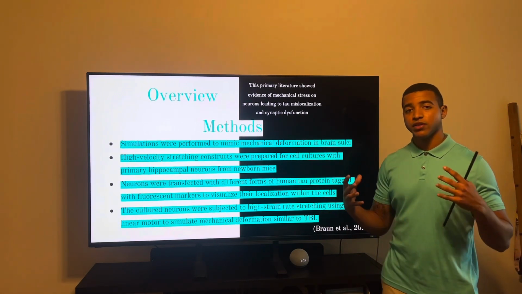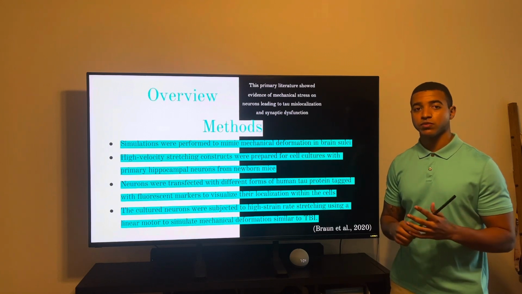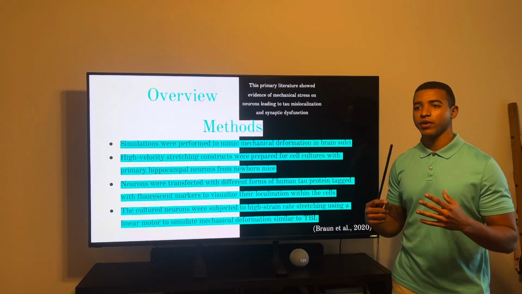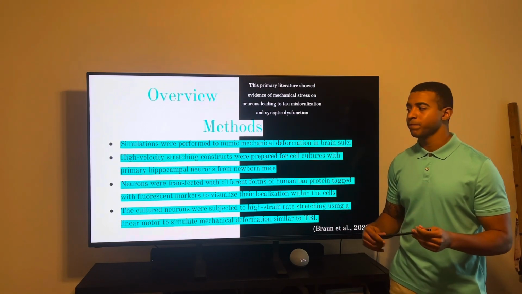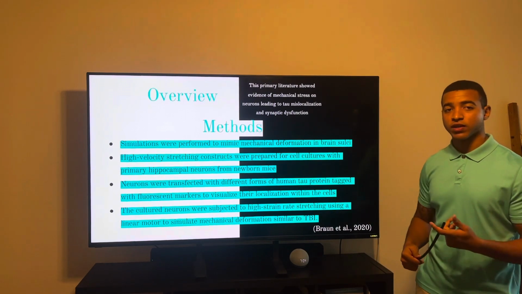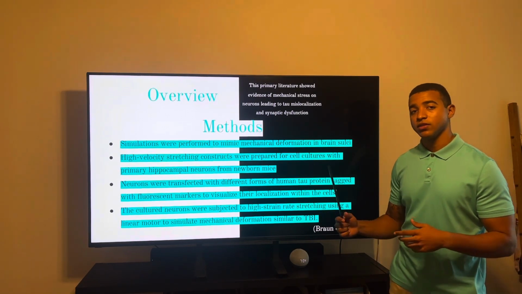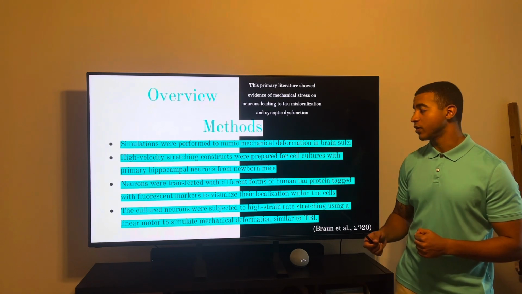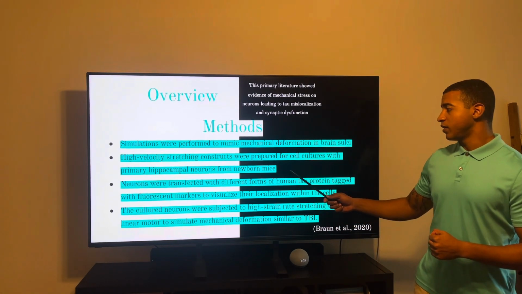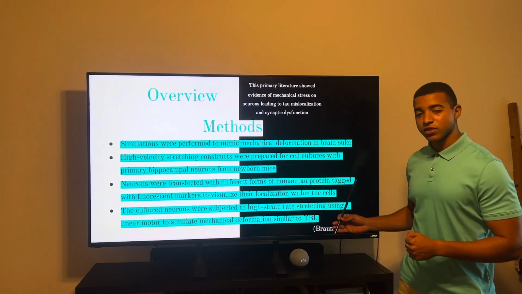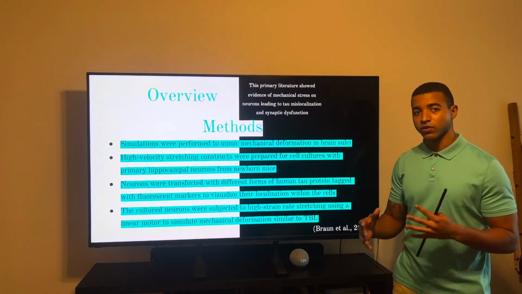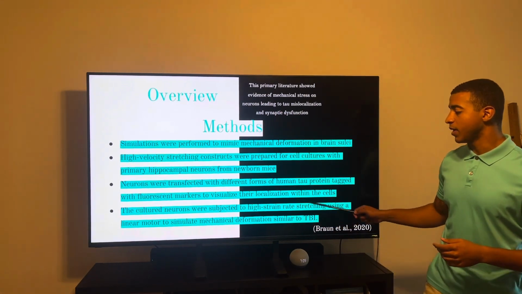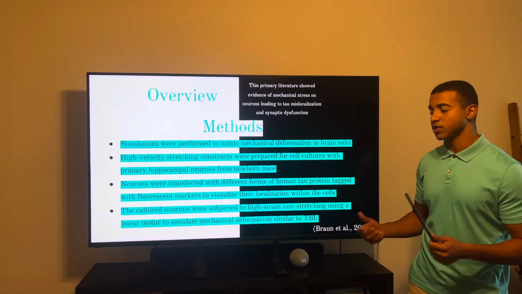What they did was they created computer simulations to see how mechanical stress occurs in the brain, and then they created high velocity constructs. They took neurons from mice, cultured them, and tagged them with fluorescent or human tau proteins to see what's going on, and then they put them under high strain rate stretching to see what would happen to them.